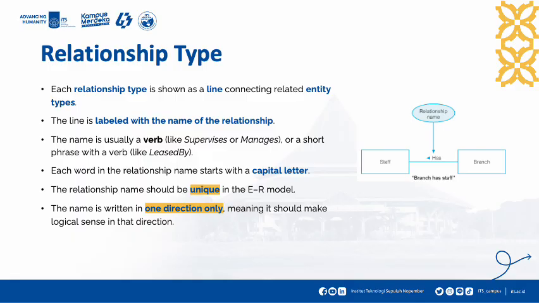Each word in the relationship name starts with a capital letter, and the relationship name should be unique in the ER model, so there should not be two relationship types with the same name, as it can make things difficult. The name is written in one direction only, meaning it should make logical sense in that direction. For example, Branch has Staff, so that is the direction of this relationship, not the other way.